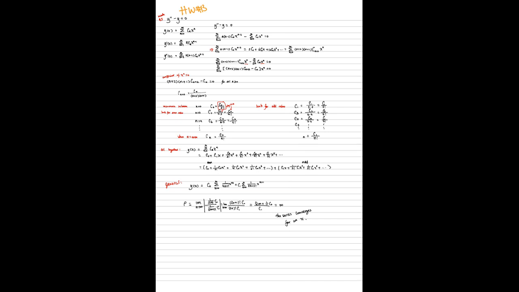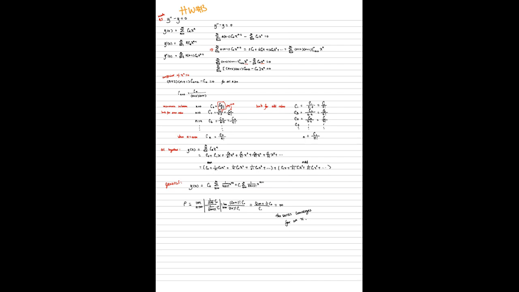The even part is c of 0 plus 1 over 2 factorial times c of 0 times x squared. And the odd part is c of 1 times x plus 1 over 3 factorial times c of 1 x cubed, and so on.